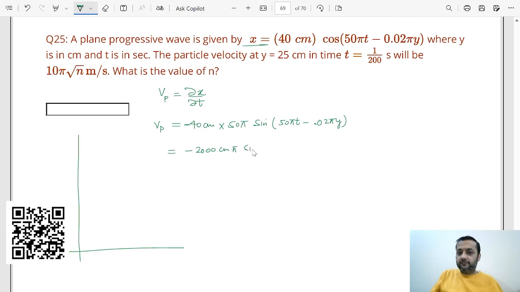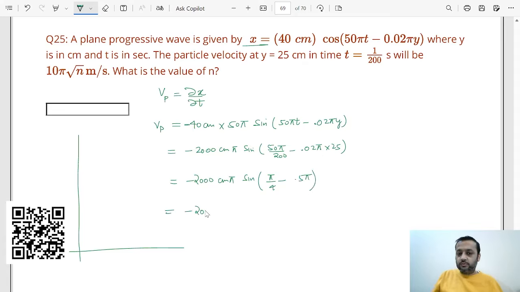And we have to find the particle velocity for time 1/200 seconds. So you need to put time as 1/200, and y is already in centimeters, so you just have to put y as 25 here. So what does this become? Minus 2000π centimeter per second into sin. Now this becomes π/4 minus 25/50, so this will become 0.5π.